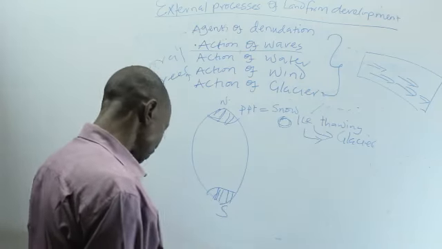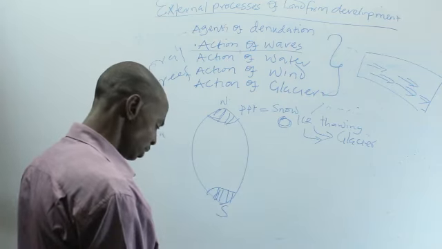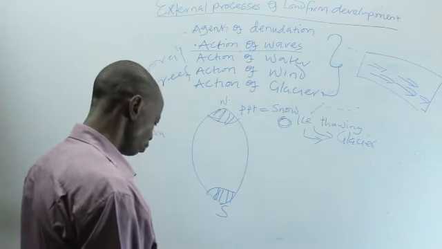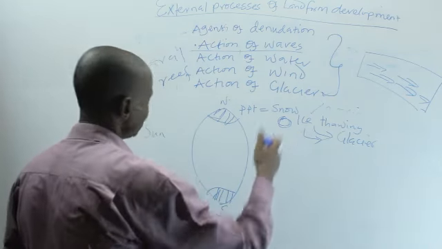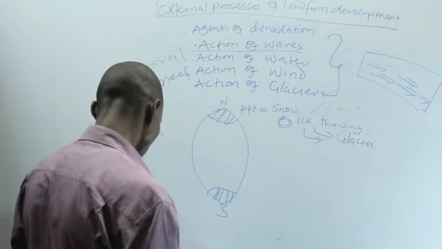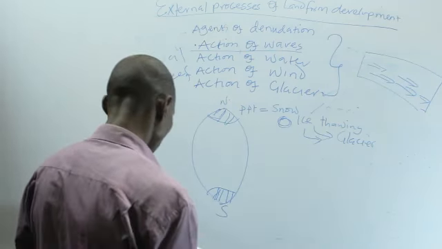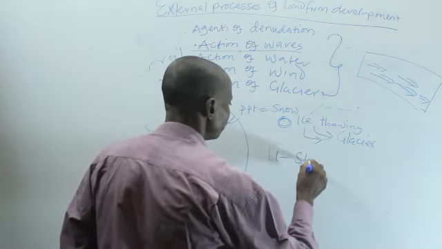Now, what are the features produced by glacier? What are those features? We are going to name them one after the other. Number 1, we have what we call a U-shaped valley.